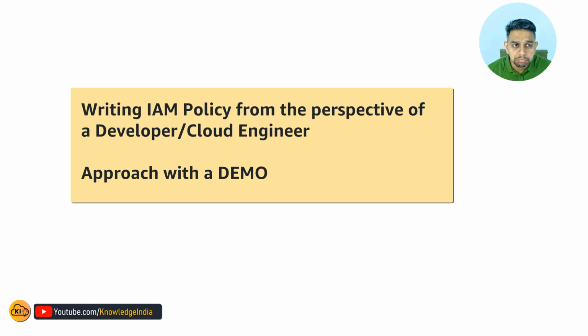It could be hosted on either an EC2 instance, or in a container, probably on ECS, or maybe this logic is written in a Lambda function. So the compute model could differ, right? It could be any one of these three.